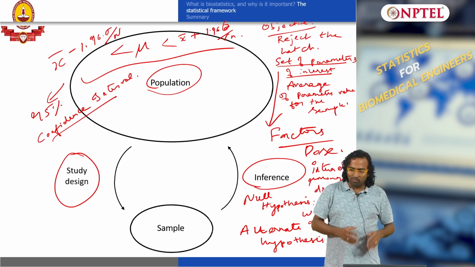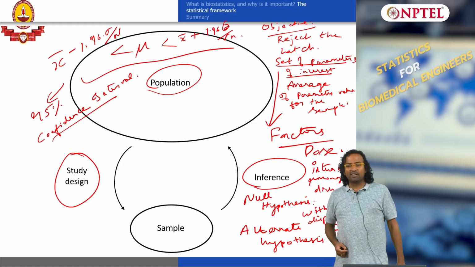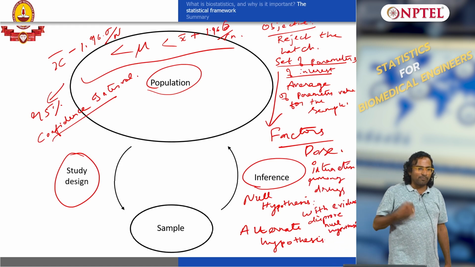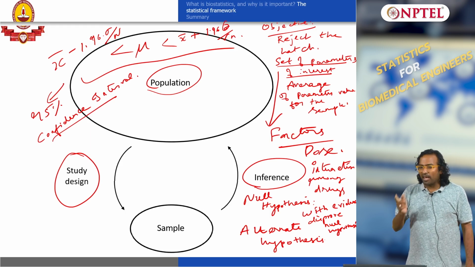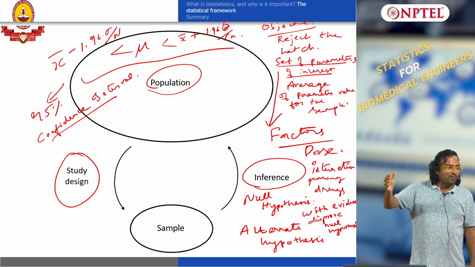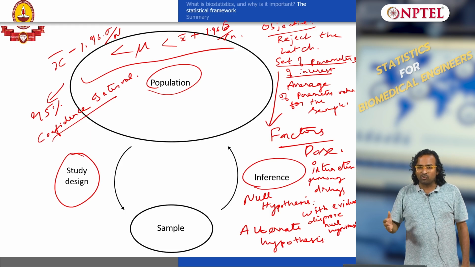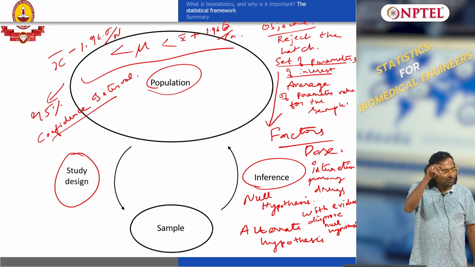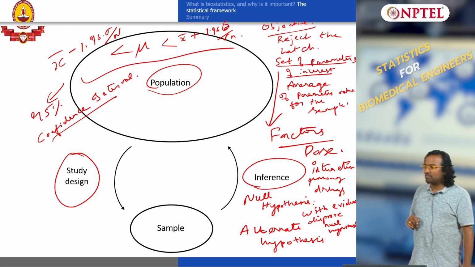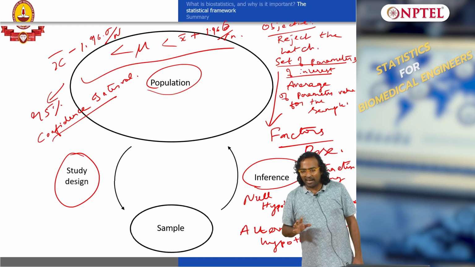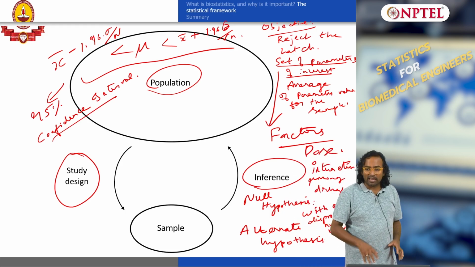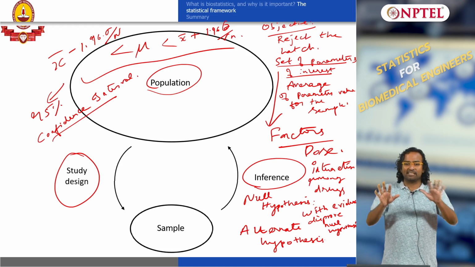If I am talking about a clinical trial, for each person you would have measured 10 parameters after administering the drug. Let us say you have done this for 100, 1000 or 10,000 people, you will have a matrix, 10,000 cross 10. Now with that I want to make a conclusion, and that is where statistics comes into the picture.